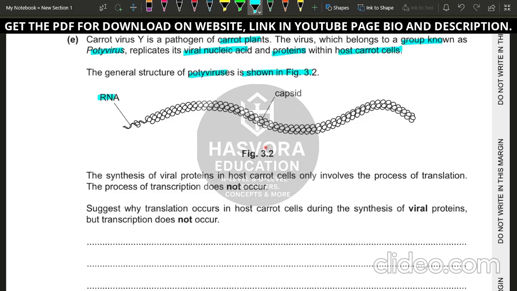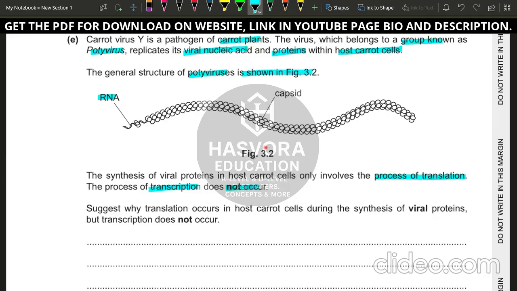You can see it has the RNA, and this is the protein coat, which you call the capsid. The synthesis of the viral proteins in the host carrot cells only involves the process of translation. Translation is the forming of the polypeptide chain of the protein, and the process of transcription does not occur.